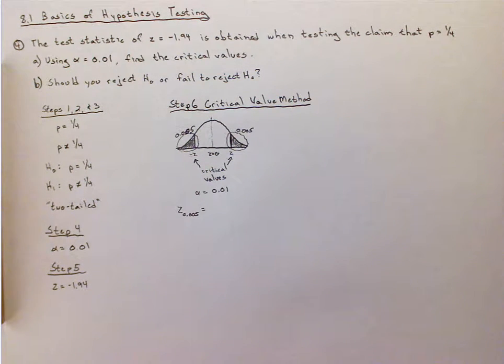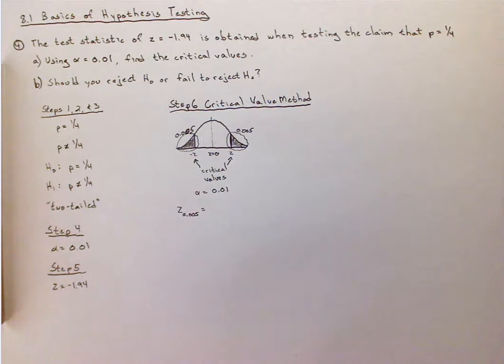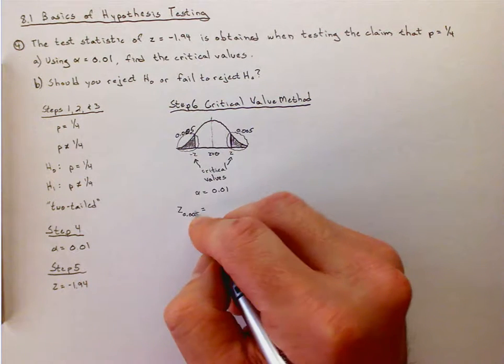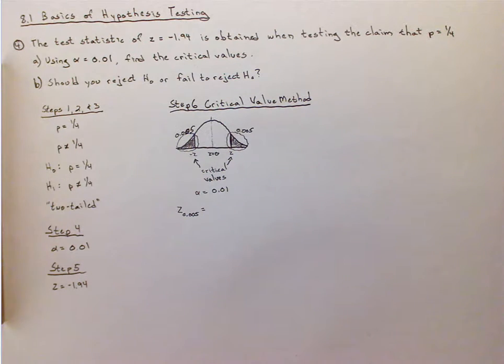So 0.005, get out my chart, and you can use the little table down at the bottom also. What I'm looking up is not the z-score, that's what I'm trying to find. This is the probability, the area under the curve.